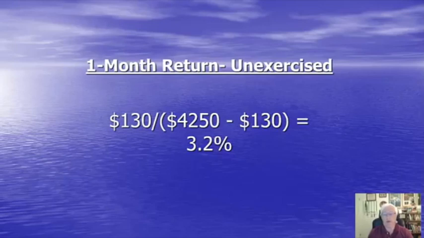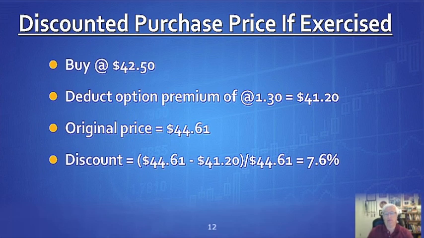So we actually have to put in 41.20. The broker will allow us to apply the put premium to the total 42.50. So the total 1 month return, if unexercised, is 3.2%. Very nice return.